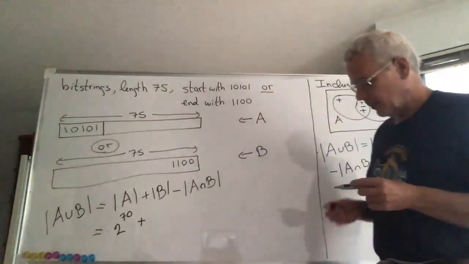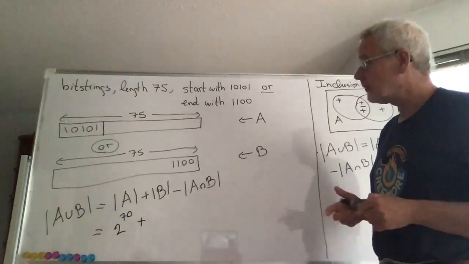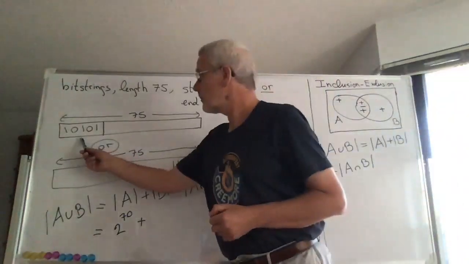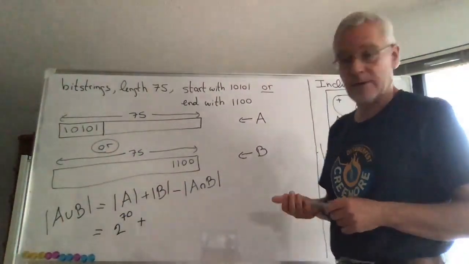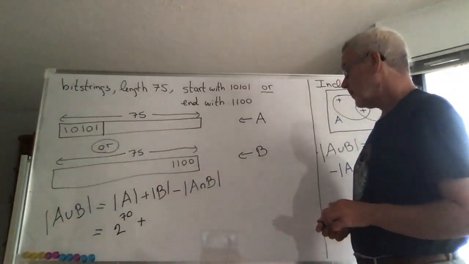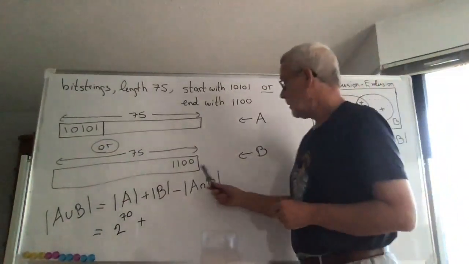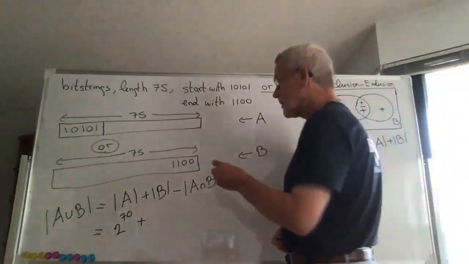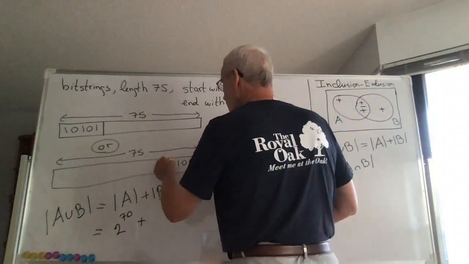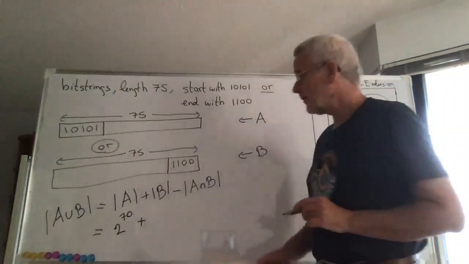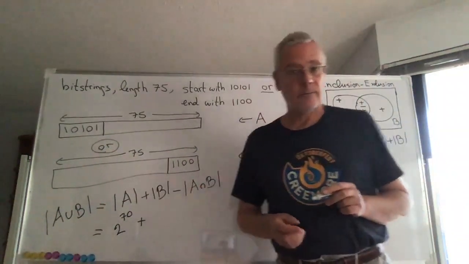So these are all bit strings of length 75 for which the first 5 bits have been fixed. What about the size of the set B? Well, for B, the last 4 bits have been fixed, and we have to choose 71 bits.